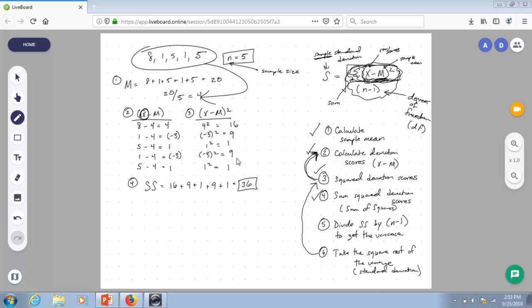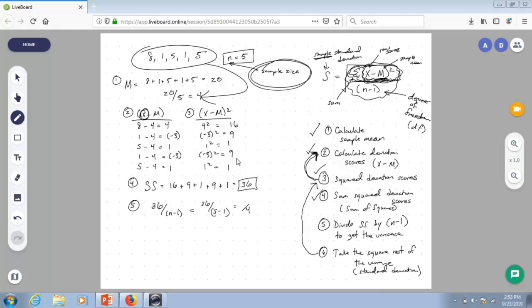Our next step is to divide the sum of squares by n minus 1 to get the variance. So 36 divided by n minus 1, in this particular case, 36 over 5 minus 1, because 5 is our sample size.